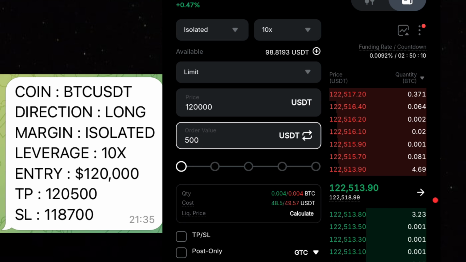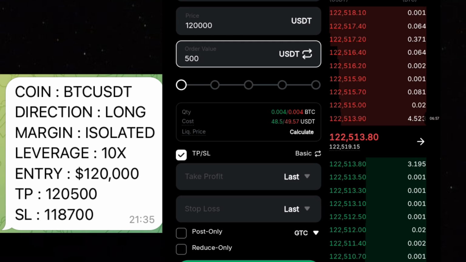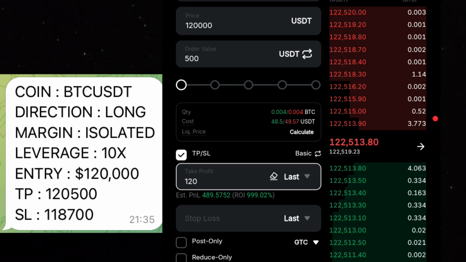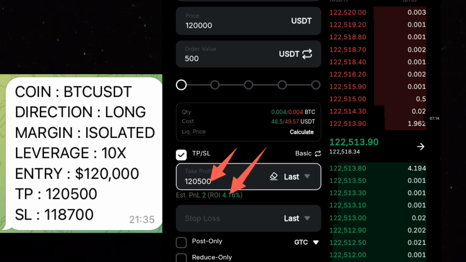You can choose any take profit zone, and then you just click on TP and SL. You can see it over here. When you click on this area, you can write the first take profit zone, which is 120,500. This shows that you're making just 4% from this trade, which is about 2 USDT.